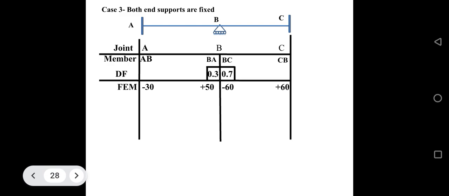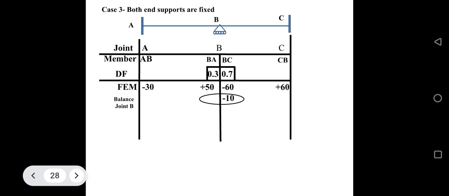If you see, in this case the moments at joint B are plus 50 and minus 60, and therefore the unbalanced moment is minus 10. Now this unbalanced moment is to be distributed in the proportion of their distribution factors with the opposite sign.